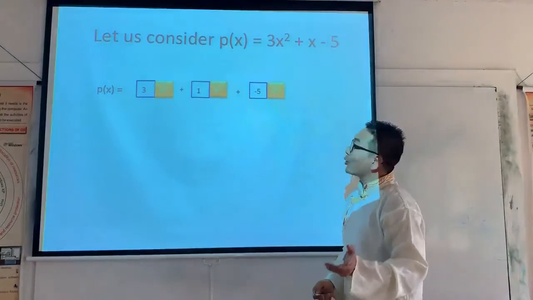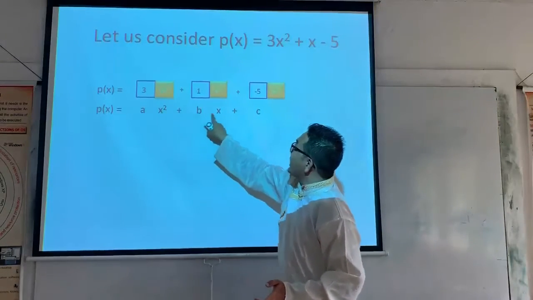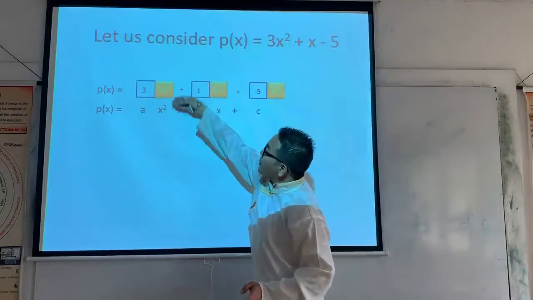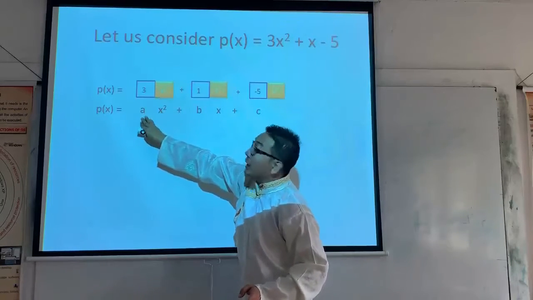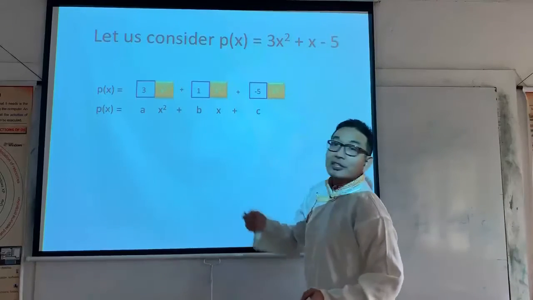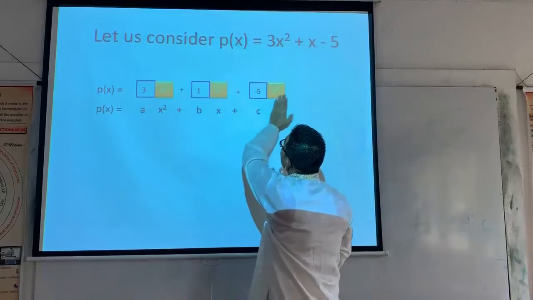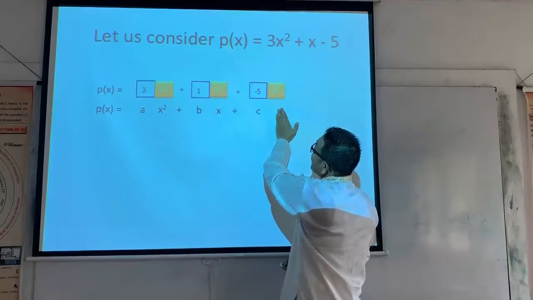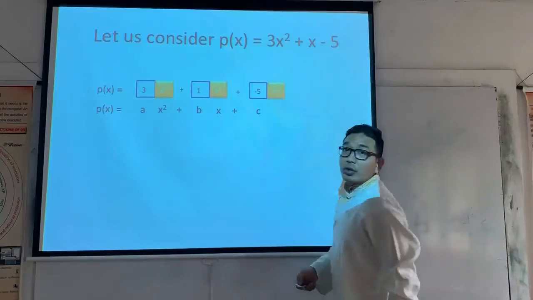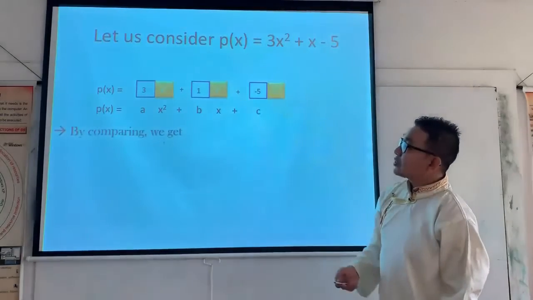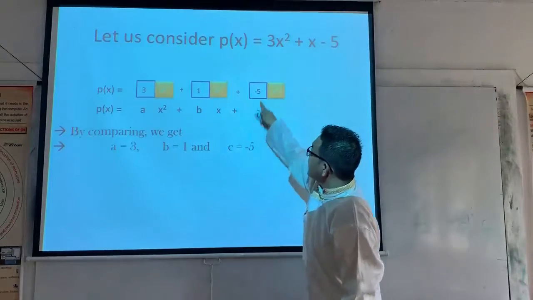So the general form of a quadratic polynomial is ax squared plus bx plus c. Compare it: the coefficient of x squared is a, so a is 3. The coefficient of x is b, so b is 1. And the constant term is c, so c is -5. So a is equal to 3, b is equal to 1, and c is equal to -5.